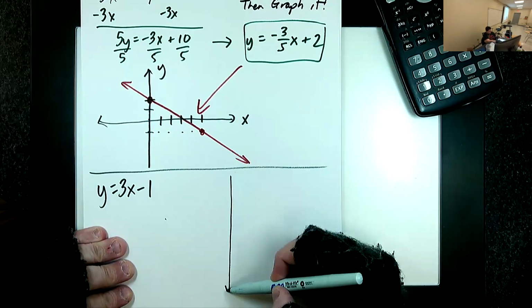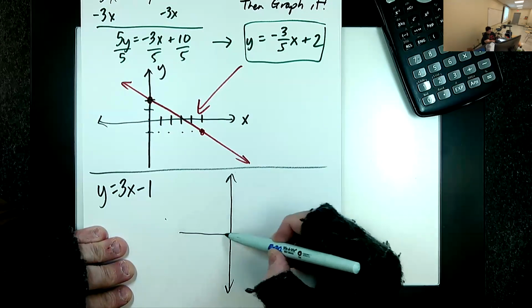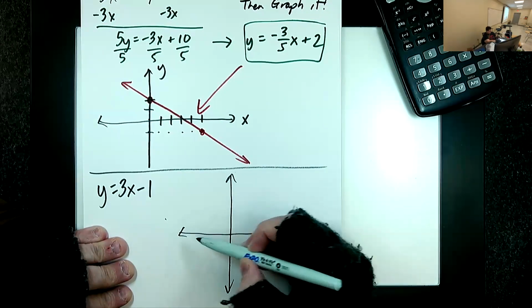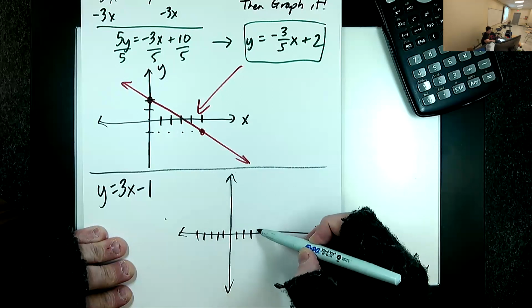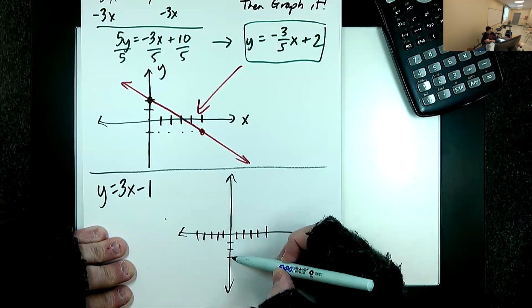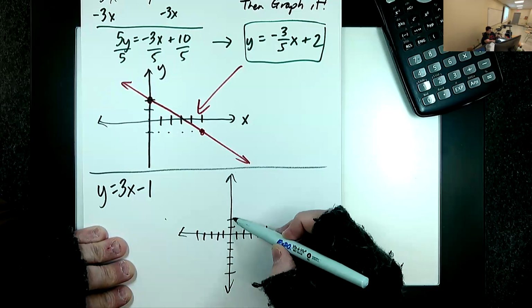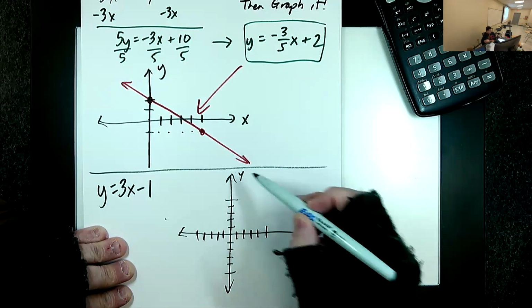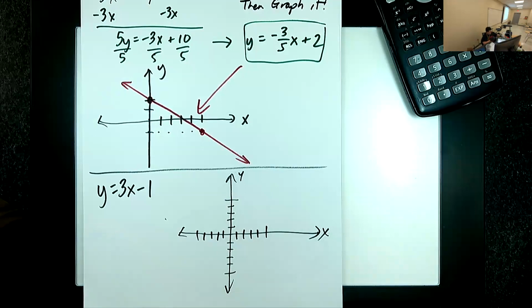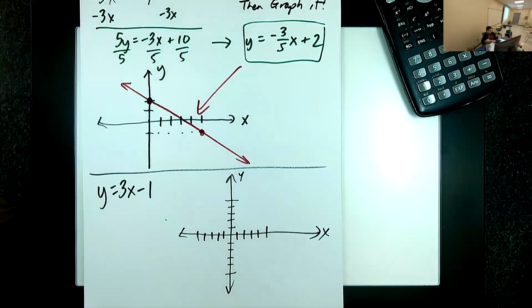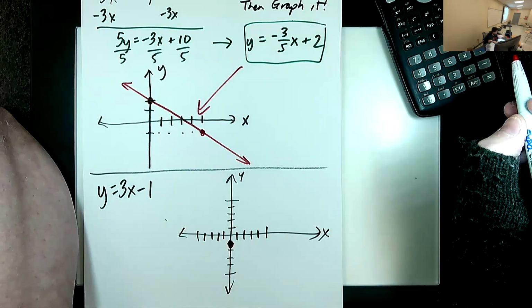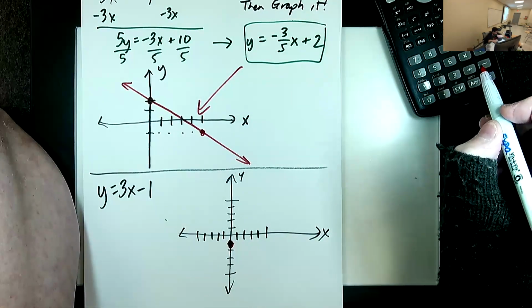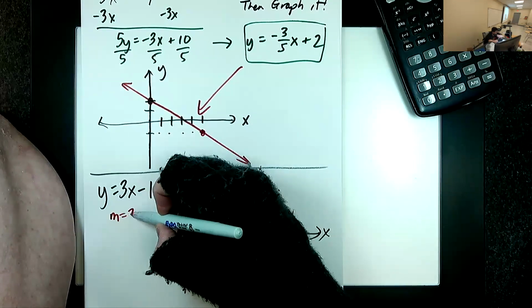So if we give this a try, my -1 tells me to go down 1 from the center. What does my slope give me? What does the m equals 3 do? How do I use that?